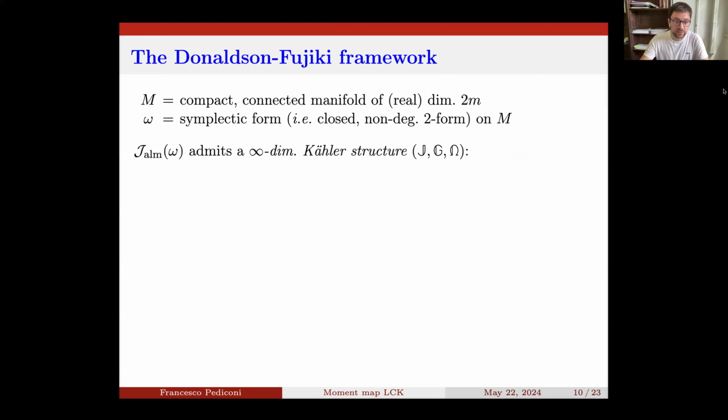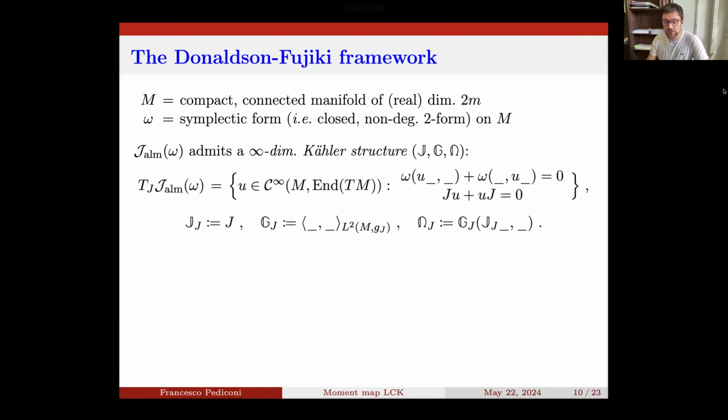Okay. Well, this infinite dimensional manifold actually turns out to have a canonical infinite dimensional Kähler structure. And this Kähler structure can be easily described as follows.